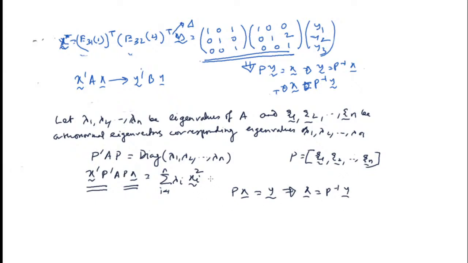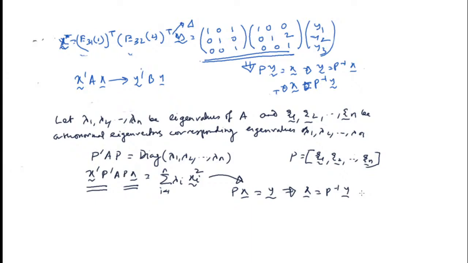So in that way we can get this transformation, and in that way we can convert any quadratic form to its canonical form.